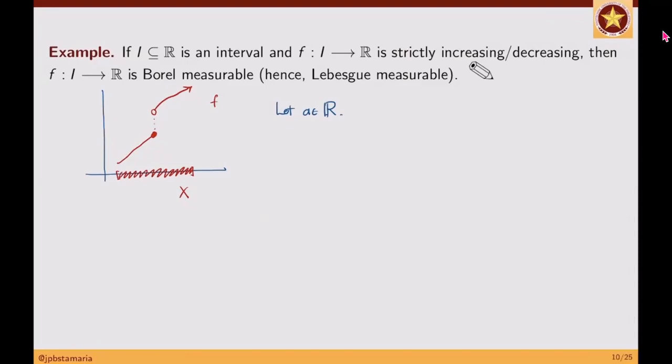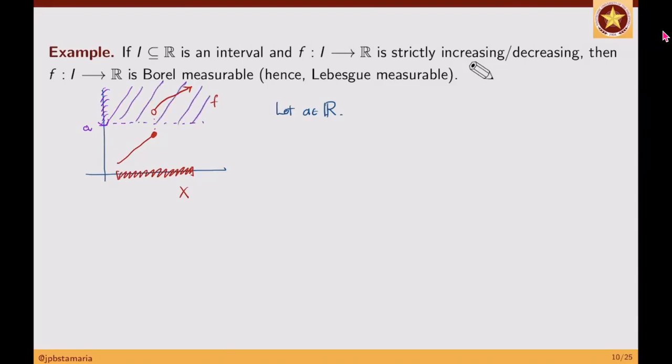The thing is, kapag kasi strictly increasing, or increasing na lang ha, kasi pareho lang naman yung magiging result kapag decreasing. Let's say, kumuha ka ng A, halimbawa ito yung A. Yung interval from A to infinity, ito yan, pataas yan. If I take the inverse image of that, alamin mo yung lahat ng mga x kung saan ang f of x greater than A. So, parang shadean mo itong portion na ito.